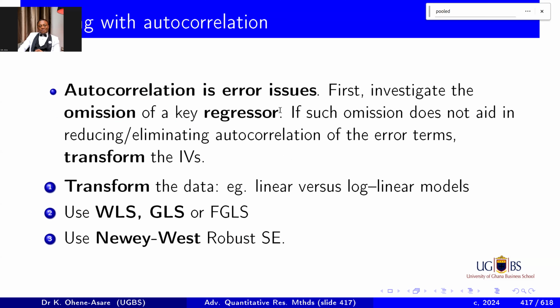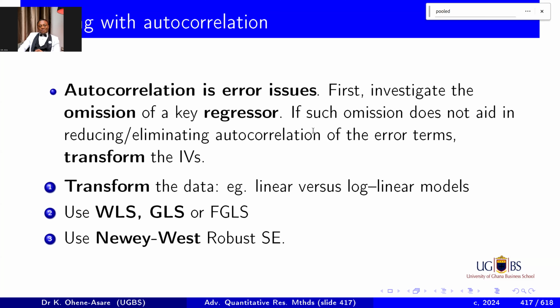So you have to check whether there are some variables you should have added but did not add. Sometimes you have to remove some of the independent variables and replace them and run again. We were doing that with heteroscedasticity. And if that kind of omission does not help to eliminate the autocorrelation, then you transform the variables.